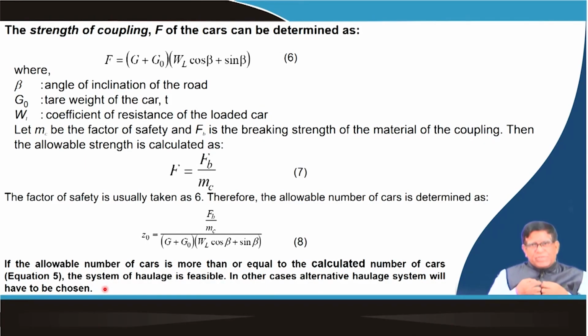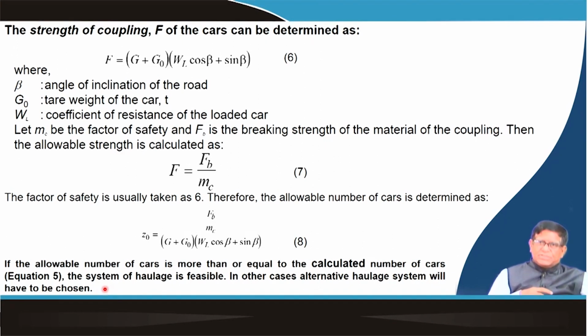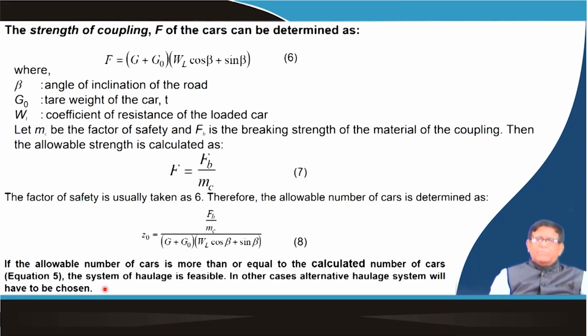Now, you can change the coupling and change the haulage capacity, and depending on that you can increase the load. But that is why a 300 ton per hour mine cannot be made overnight by just adding cars to a 500 ton per hour capacity. The feasibility will have to be seen.